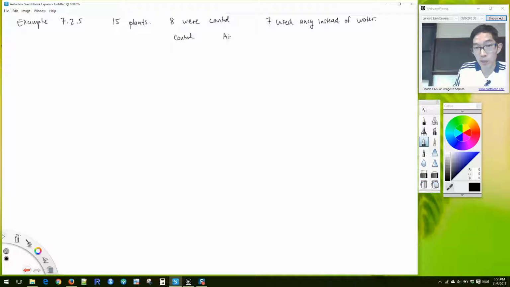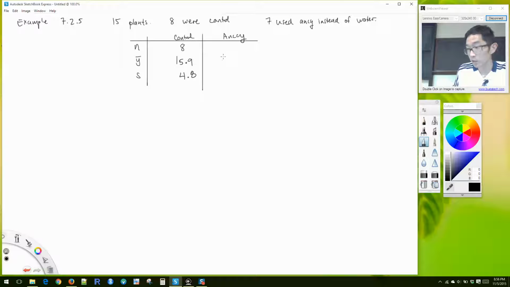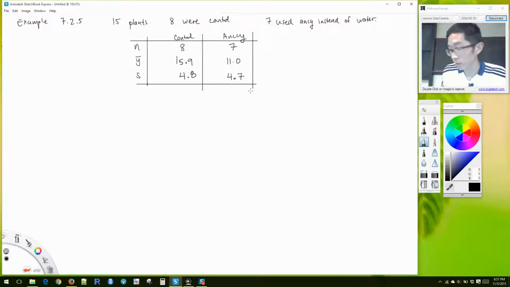So control and ANSI, we have our n, our y bar, and our s. For control, we had 8 plants, 15.9, standard deviation of 4.8. The ANSI grew 7, 11.0, and 4.7.